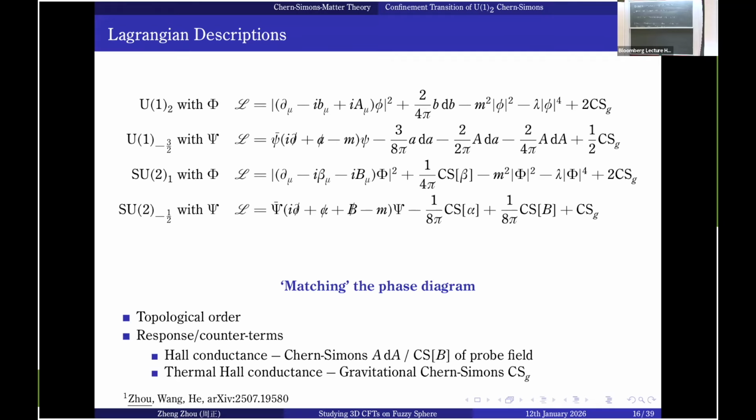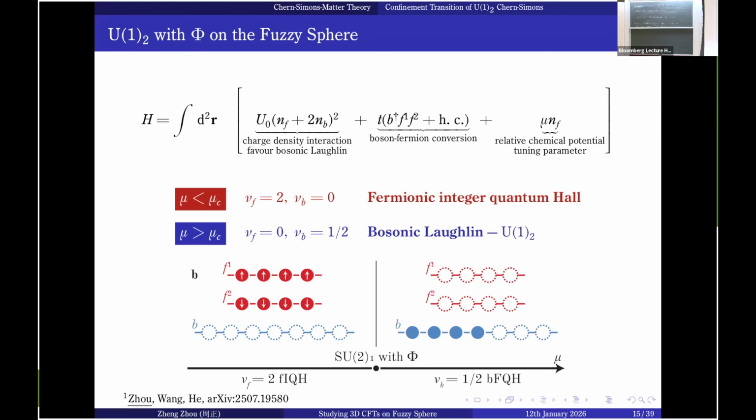Sorry, how do you see all these Chern-Simons terms on the sphere? I think it is given by the conductance. For example, one flavor of fermion has a Hall conductance of 1, which translates to an AdA term. Is A dynamical or classical?